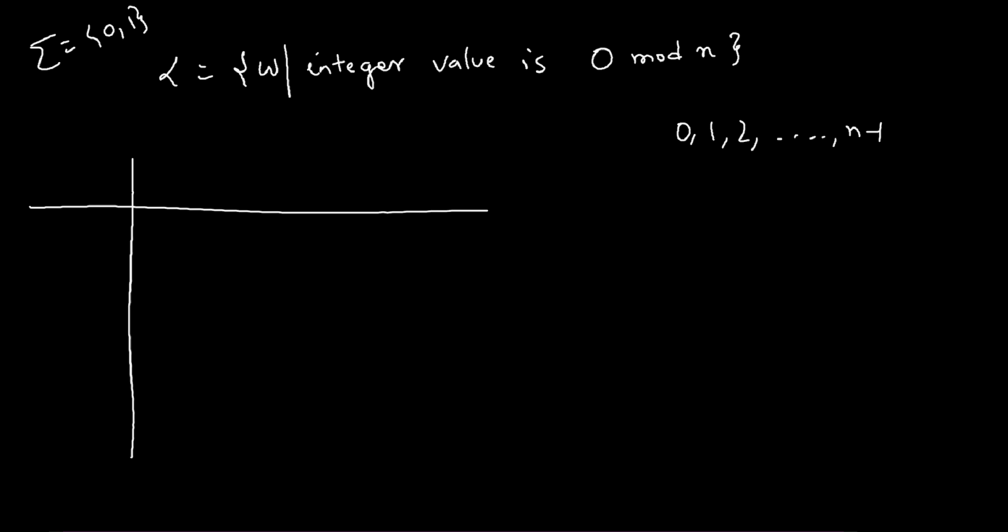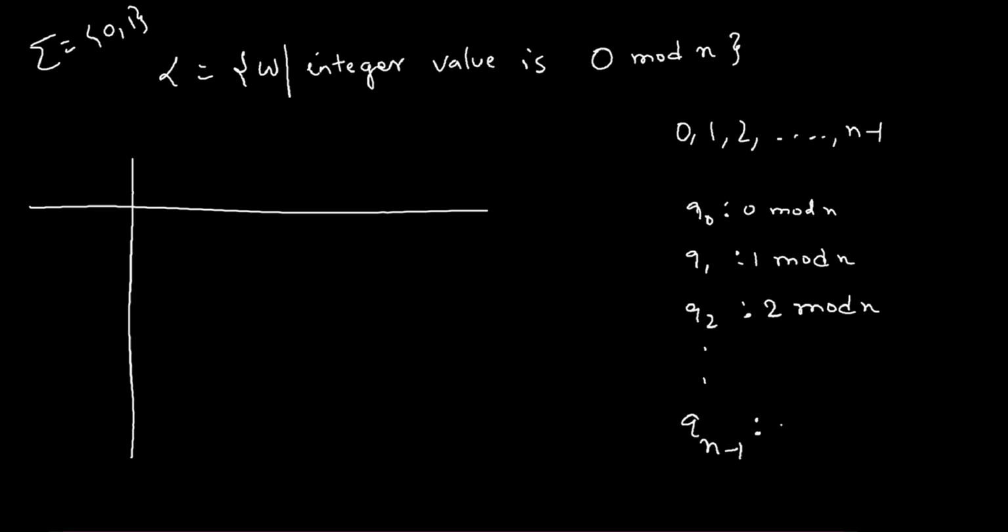For every such remainder you have states: q0 representing 0 mod n, q1 representing 1 mod n, q2 representing 2 mod n, and so on, up to qn minus 1 representing n minus 1 mod n.